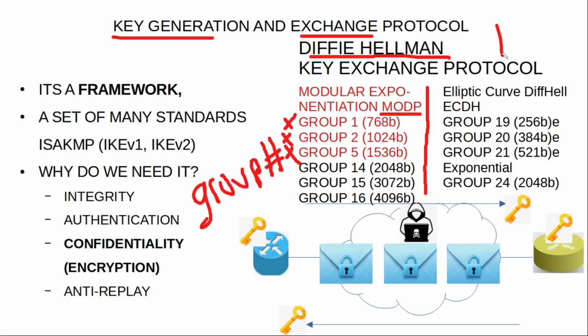We have the new generation of Diffie-Hellman algorithms that are based on elliptic curve, or ECDH, groups 19, 20, and 21. And we have also a new generation of modular exponential Diffie-Hellman, group 24, for instance.